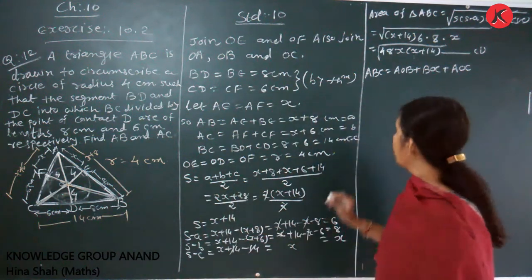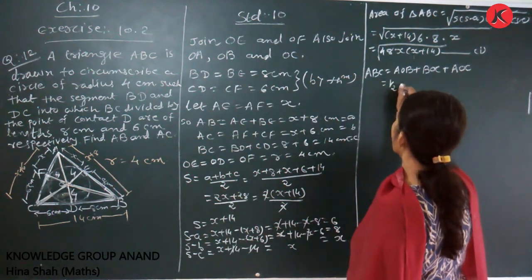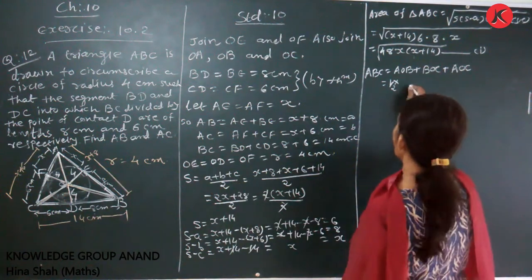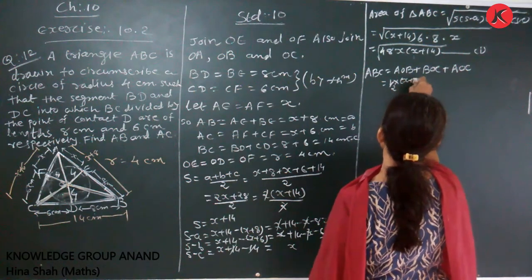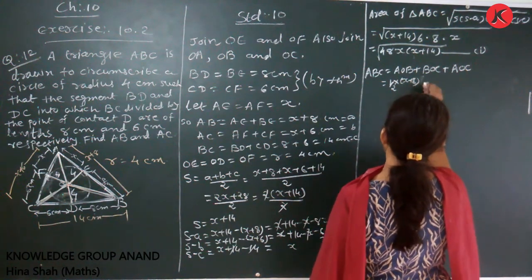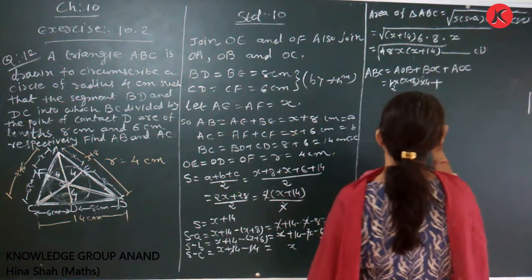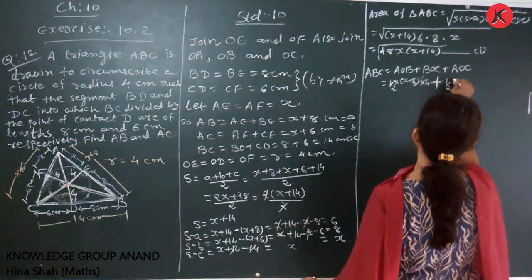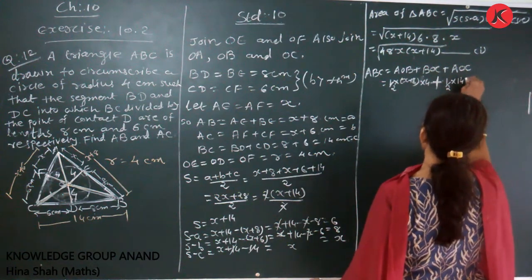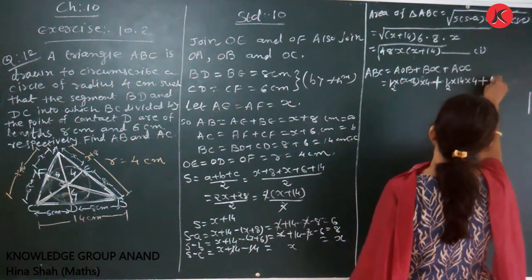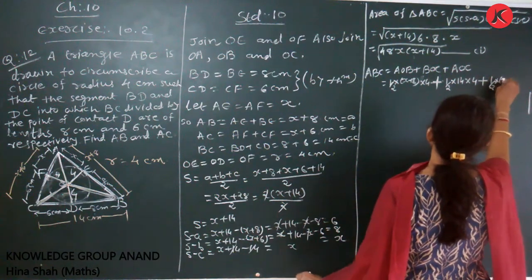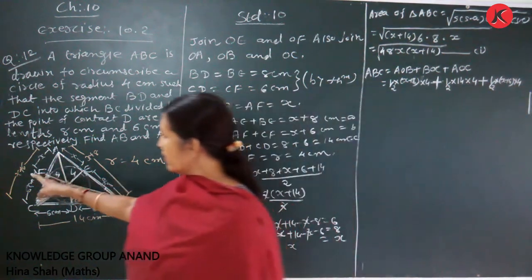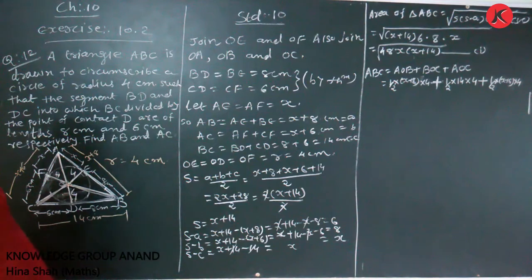Here AOB is equal to 1/2 base, base is equal to x plus 8, into height 4, plus BOC. BOC is equal to 1/2 into base 14 into height 4, plus 1/2 into base x plus 6 into height 4.